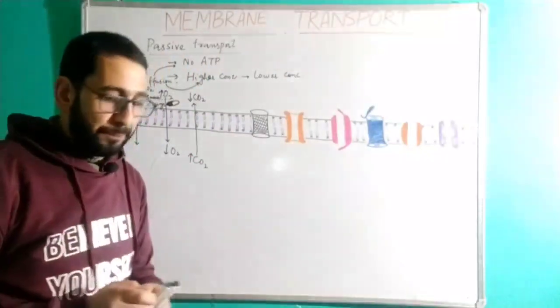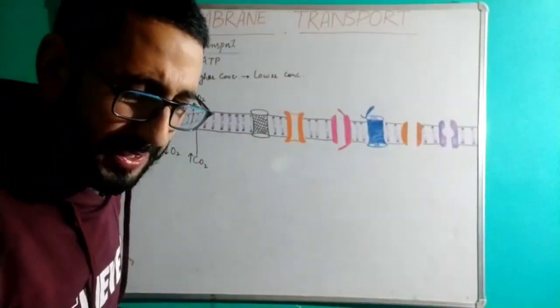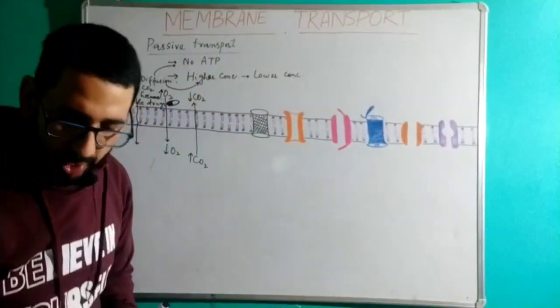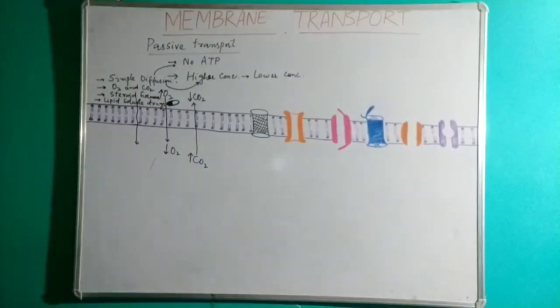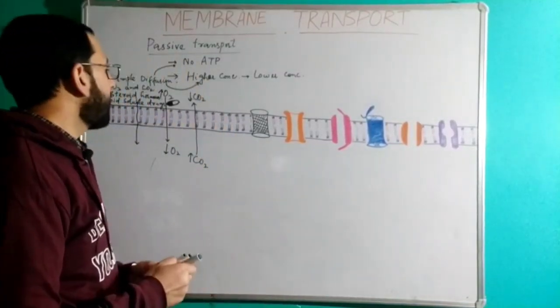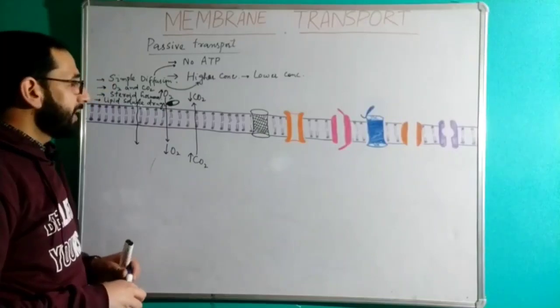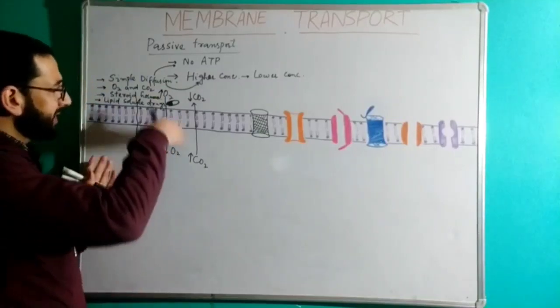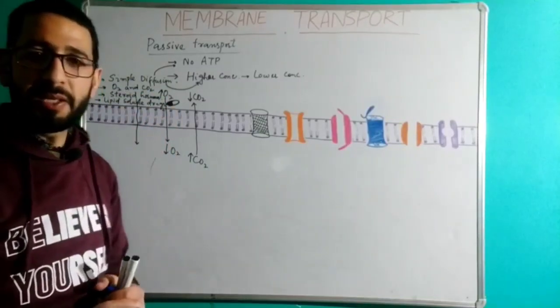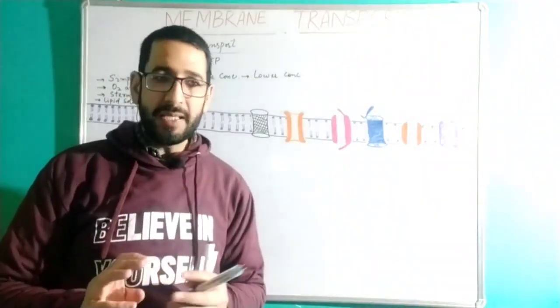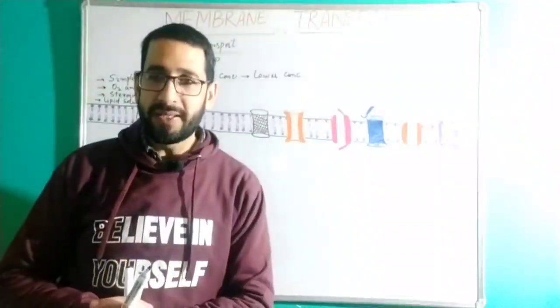Okay, now when we talk about this cell membrane, I've already told you that it is this phospholipid bilayer. Now the simple diffusion is affected by some things.